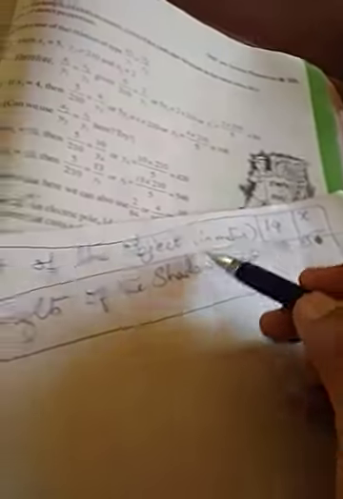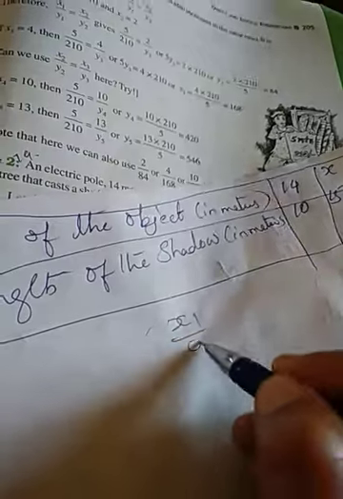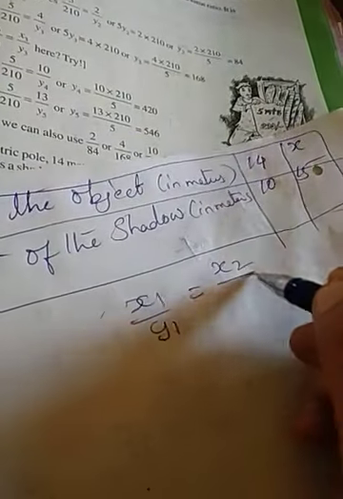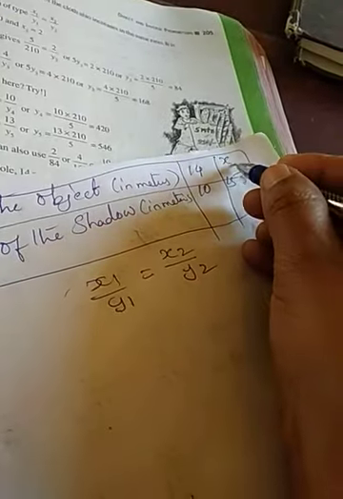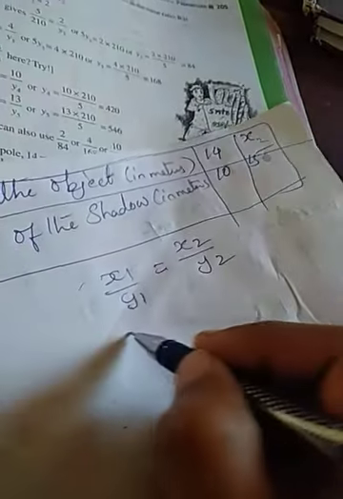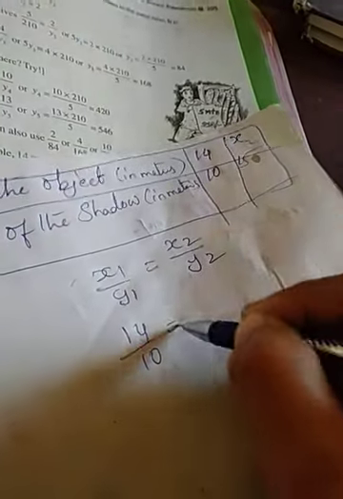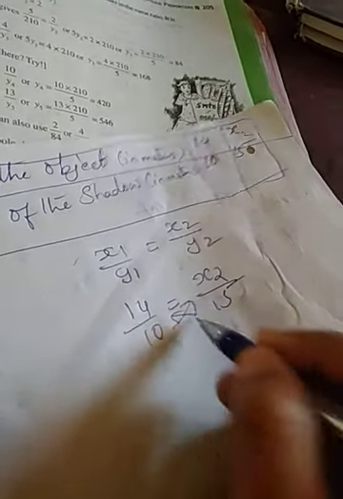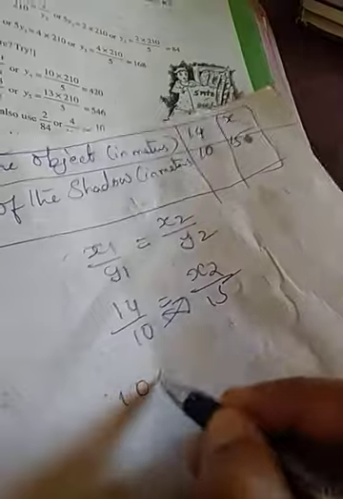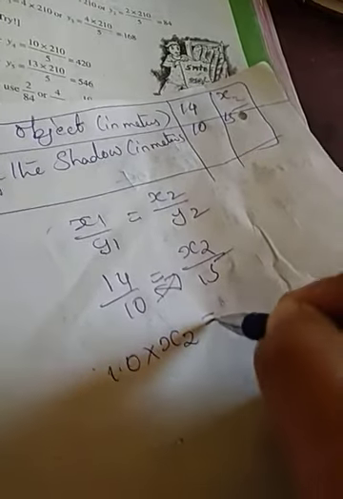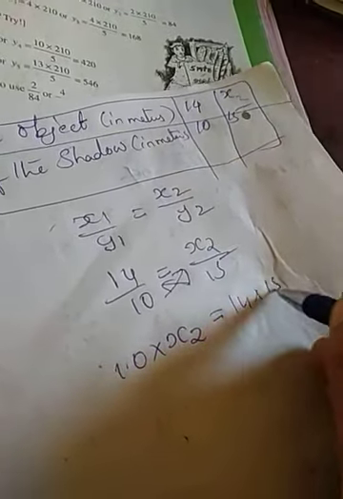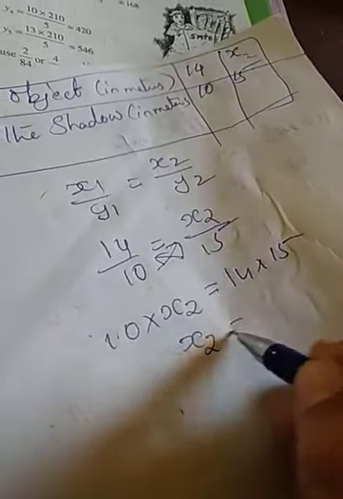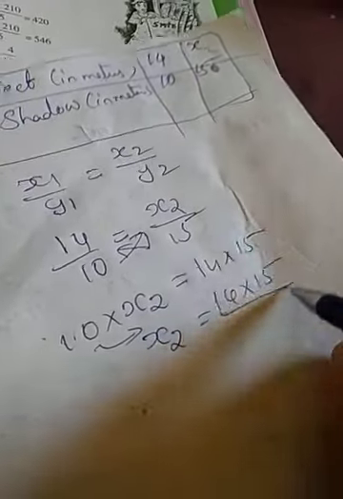So we write the table like this, then x1 by y1 equal to x2 by y2. 14 by 10 equal to x2 by 15, cross multiply. So 10 into x2 equal to 14 into 15. x2 we have to find, 10 you take to this side. 14 into 15 divided by 10.